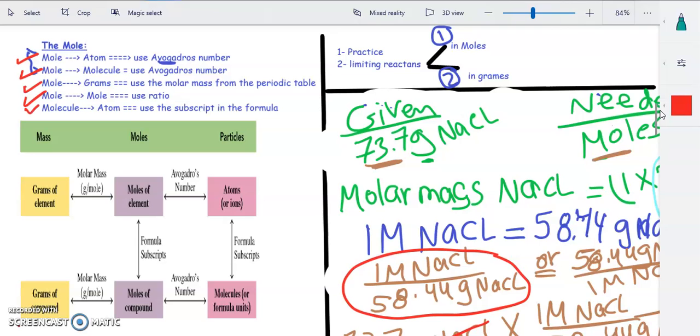We actually did molecule to atom in the first video, but we will do it again. So mole to mole, now how to use the mole to mole calculation.